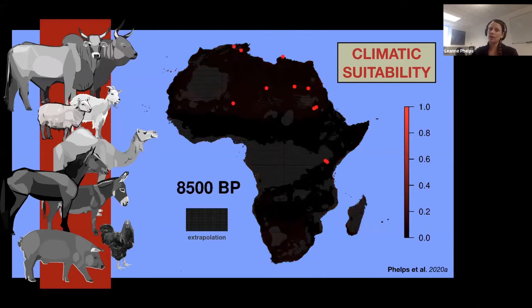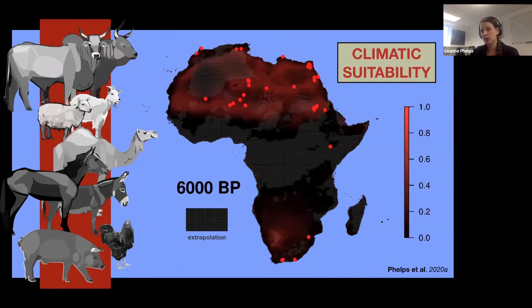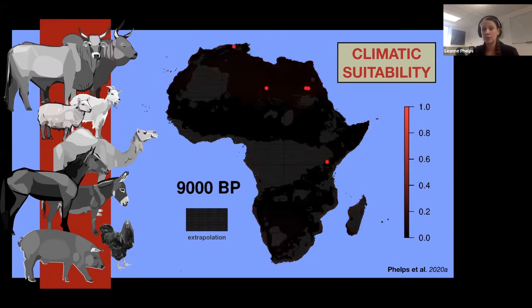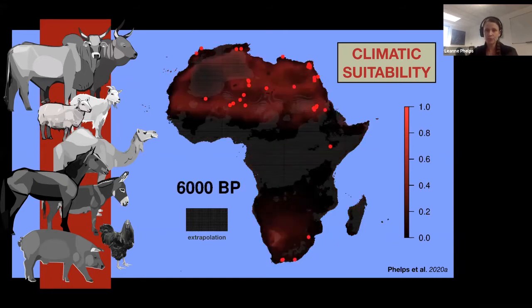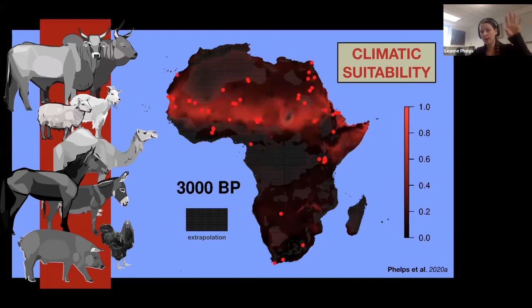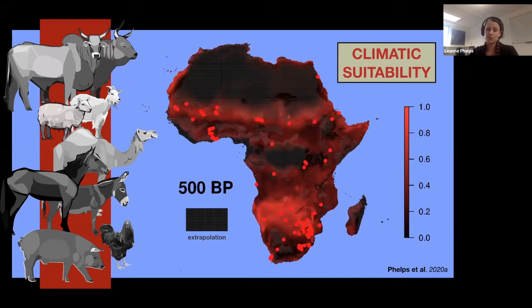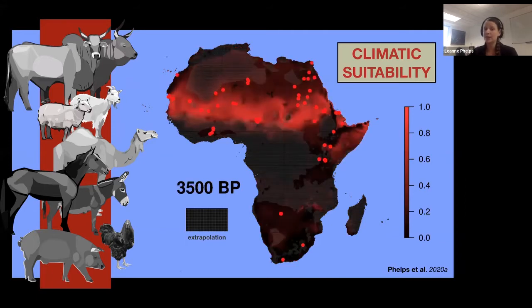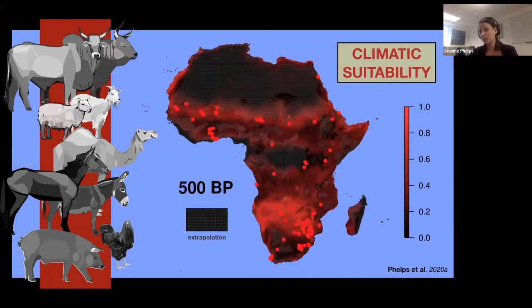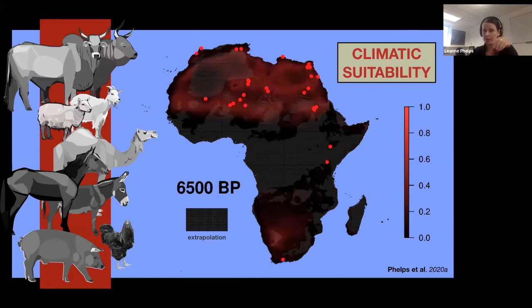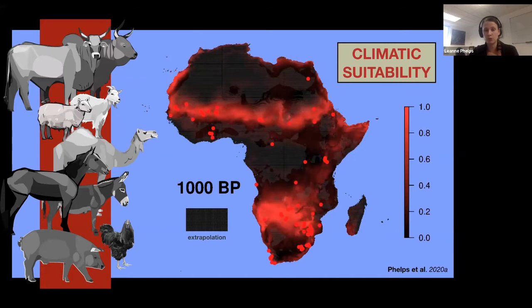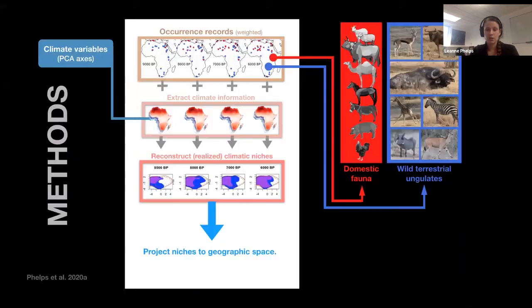What we're seeing here are changes in the available climates to these animals that's driven by the data in the archaeological record. So you can see this north-south trend. You'll see some red area at the beginning in the southern part. That means that area is suitable for these animals, but they can't actually travel down there because there are dispersal limitations that are preventing them from doing that.